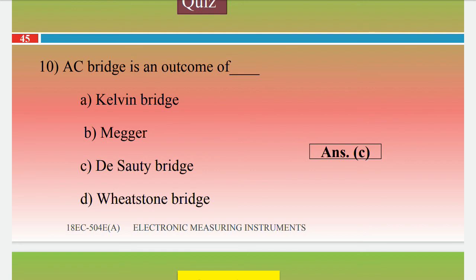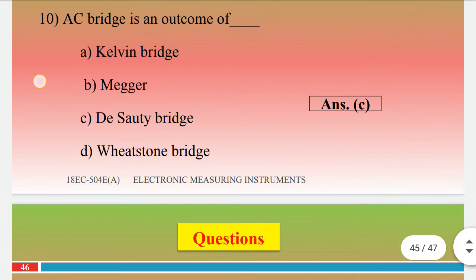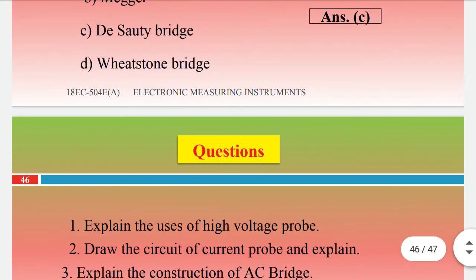And the next option is the Wheatstone bridge. That is, AC bridge is an outcome of the Wheatstone bridge. The option here is given wrong, so the correct option is D.